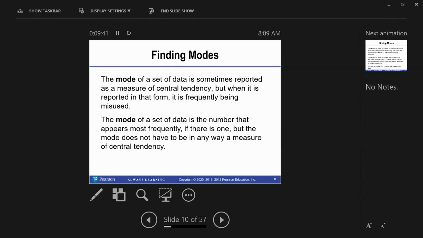The mode is the number that appears most frequently, if there is one. Sometimes you don't have a number that repeats. And if there's not one, then you don't really have a measure of central tendency there.